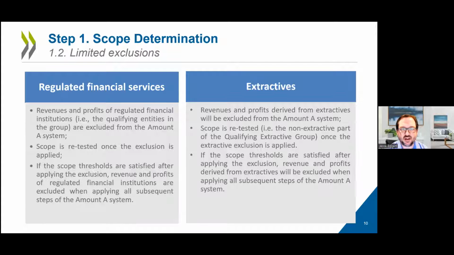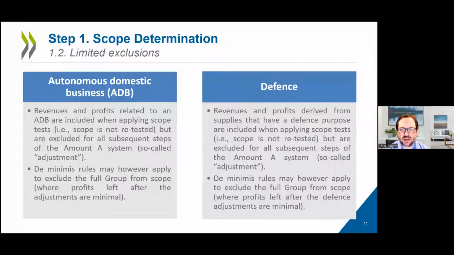Moving on to slide 11, you'll see a different approach applied with respect to the autonomous domestic business and defense exclusions. There, we count the revenues and profits covered by these exclusions for purposes of the scope rule. But when we actually get around to applying Amount A, those profits are excluded.